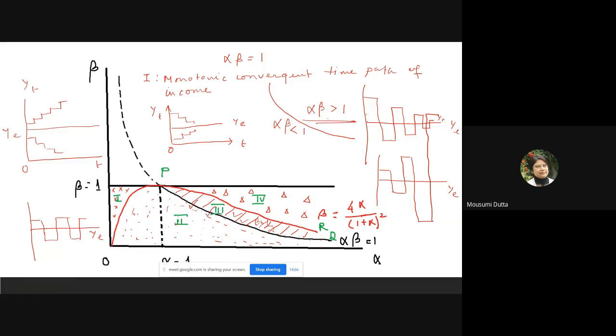Is this line below or above beta equal to 4 alpha by (1 plus alpha) whole square? Below. So beta is less than 4 alpha by (1 plus alpha) whole square, so we will have an oscillatory time path.